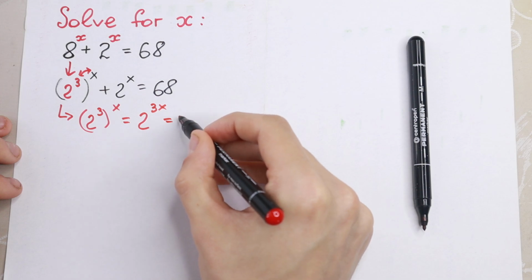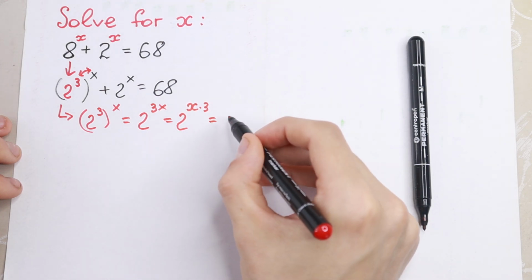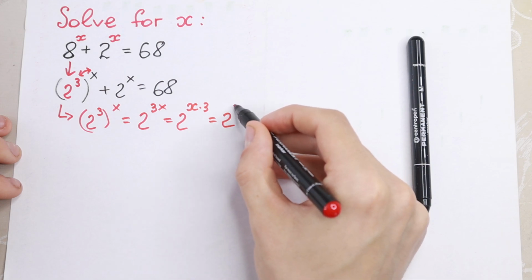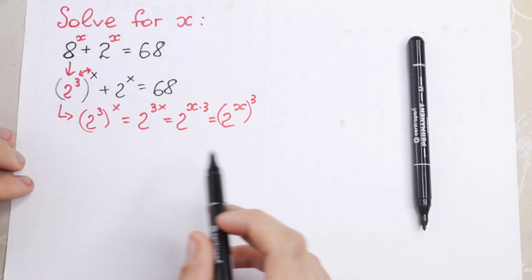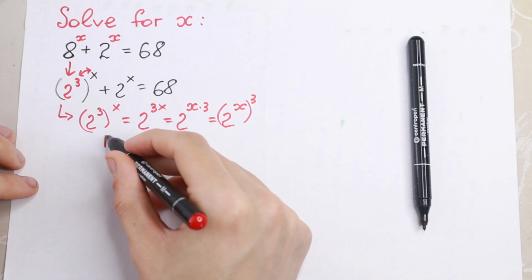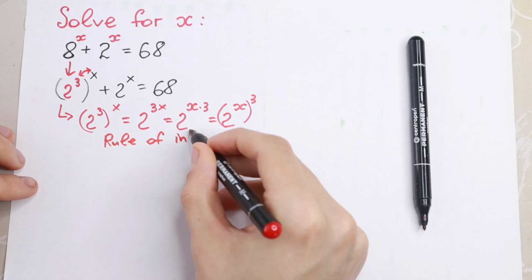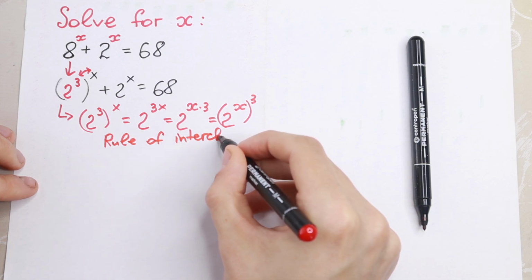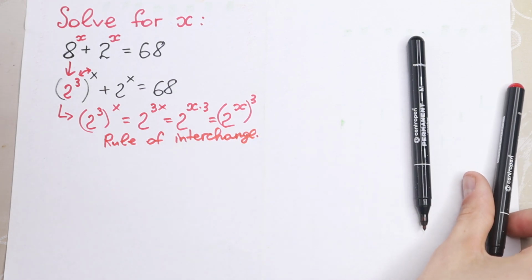We can write it as 2 to the power x times 3, and moreover we can write it as 2 to the power x to the third power. So this is why we can swap this, because we can use this rule of interchange. This is a really good rule.